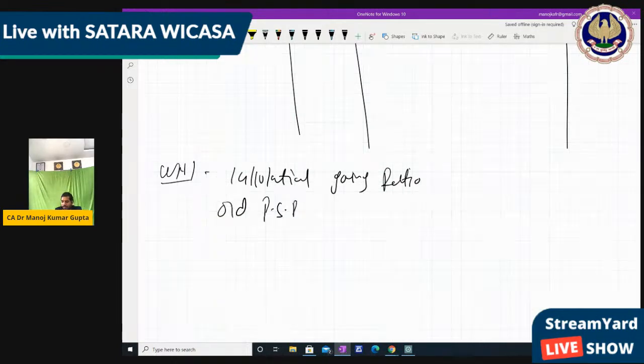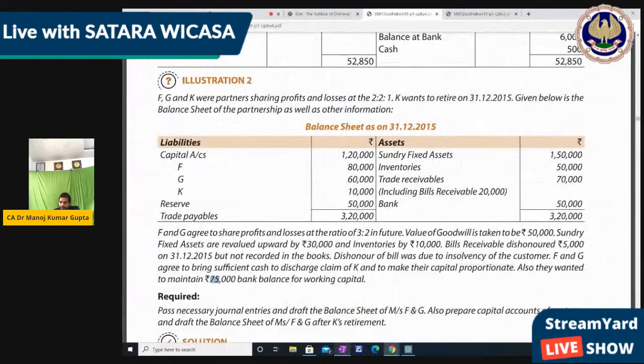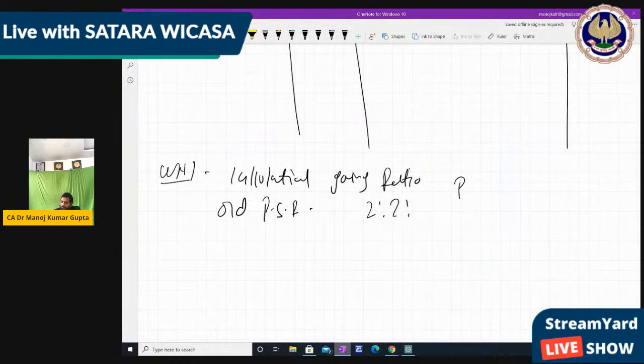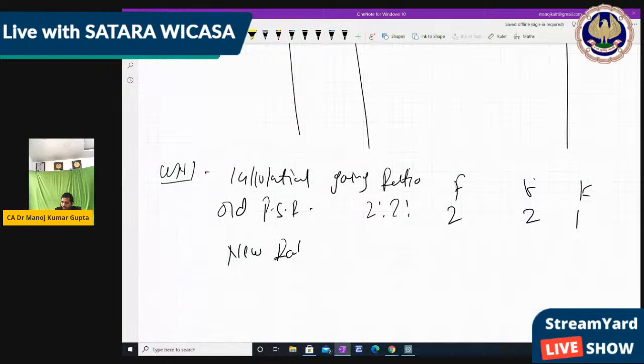Old PSR, F G K, 2:1, right? And the new ratio between only F and G is 3:2.